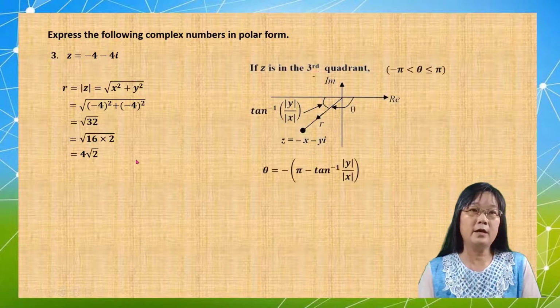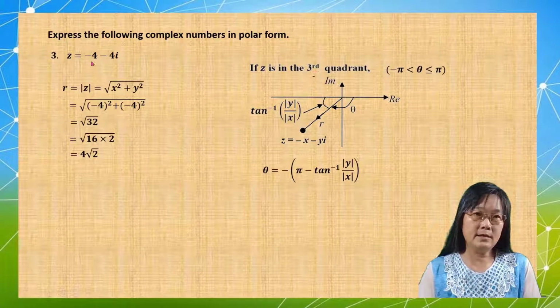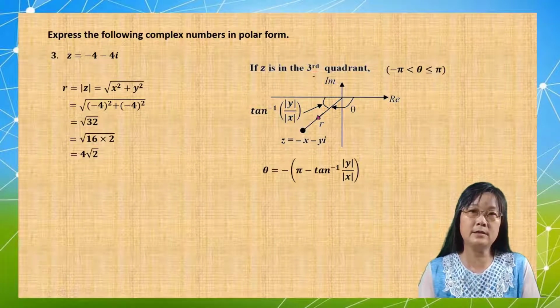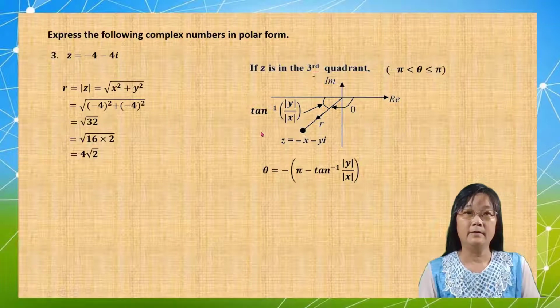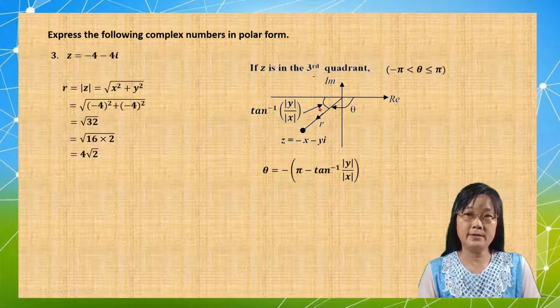Then as for the argument, since x is negative, y is negative, this complex number is in the third quadrant. First, I'm going to find the value of arctangent of positive value y over positive value x to find the basic angle of the third quadrant.